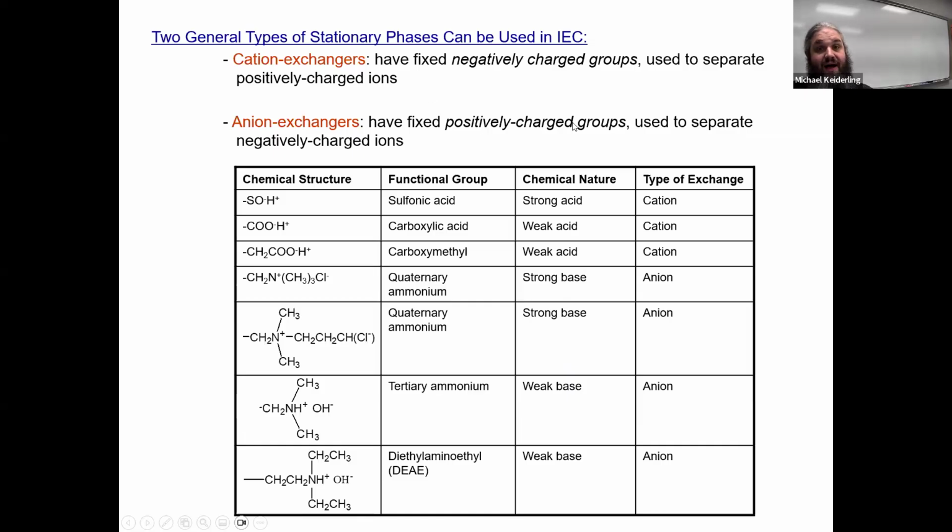Anion exchangers have fixed positively charged groups used to separate negatively charged ions. So here are some various exchange mediums. The cation exchangers are acids, the anion exchangers are bases.